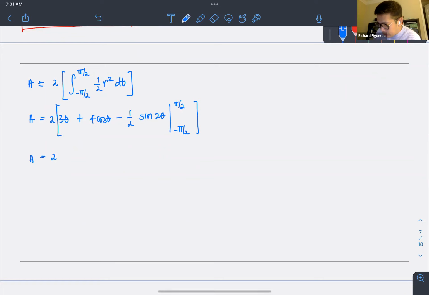So A will be 2 times, so I'll have 3 theta, so I'll start with pi all over 2.